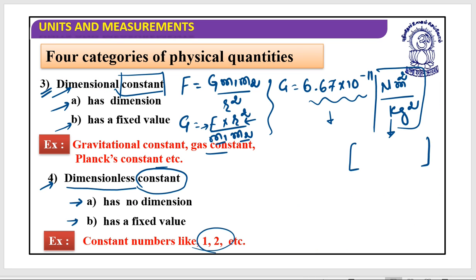The third category is the dimensional constant. They have dimensions, but they have a fixed value. And last but not the least, the dimensionless constant. They do not have dimensions, but they have a fixed value. Does it clear? Yes. Okay, let's move on.